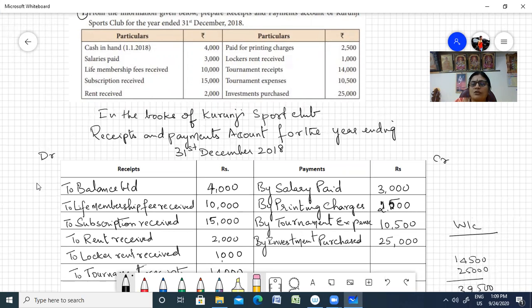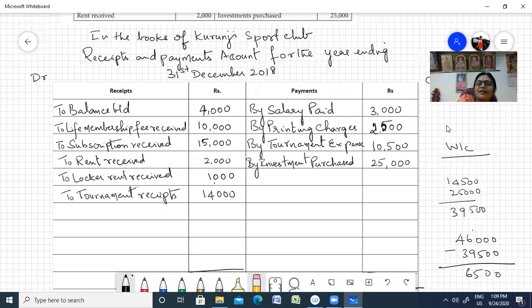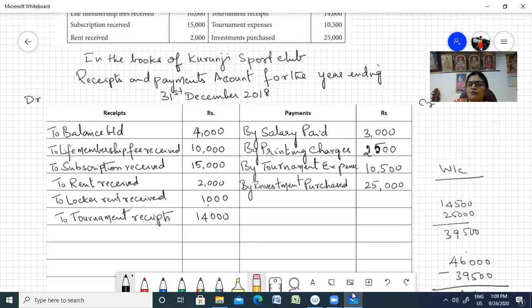You have copied it as 1,000. So error of copy. Right, so 2,500. So 1,500 you add here again. So that will come to 41,000. Right, 41,000.